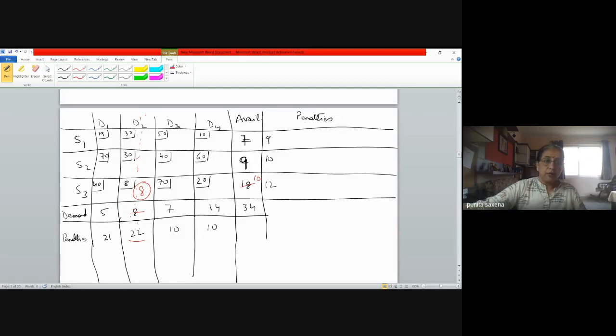That means whatever has been struck off, like in this case a column, or it could have been a particular row, would not be considered for further evaluation of penalty. What I mean to say here is that if I have struck off this column, then the 30s written here will not be considered for computing the penalties in the subsequent steps.